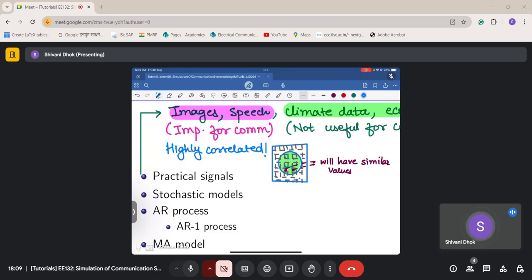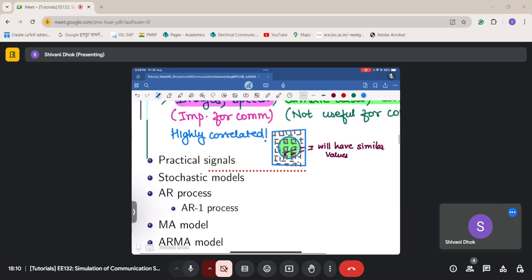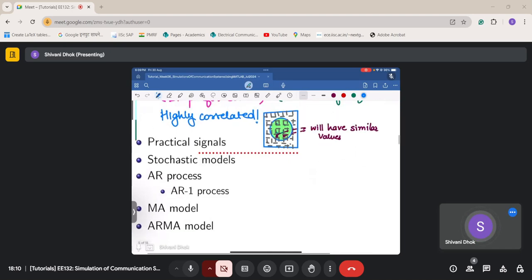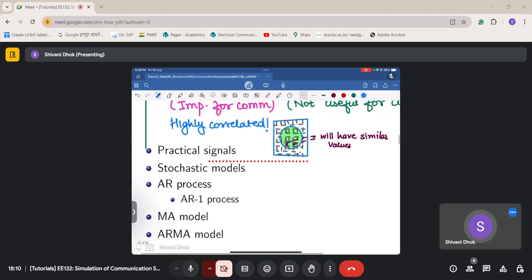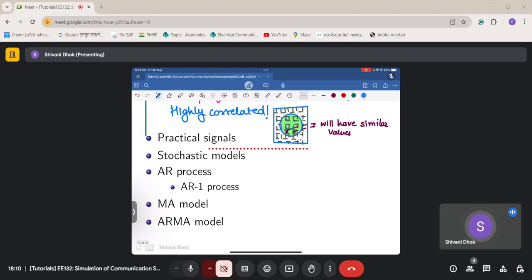And we need to develop stochastic models to take into consideration these important signals. So these practical signals we need to handle, and in order to handle them we need to look at stochastic models. First we looked at what we mean by models. We looked at its definition.